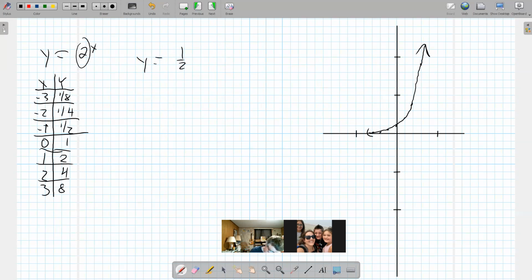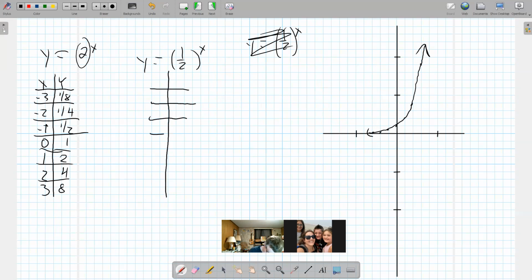What about this? Y equals 1/2 to the x power. Now, it's not that, because there your variable would only be on the numerator. So it's got to be like this so it applies to the whole thing. What's that going to look like? Let's see, -3, -2, -1, 0, 1, 2, 3.